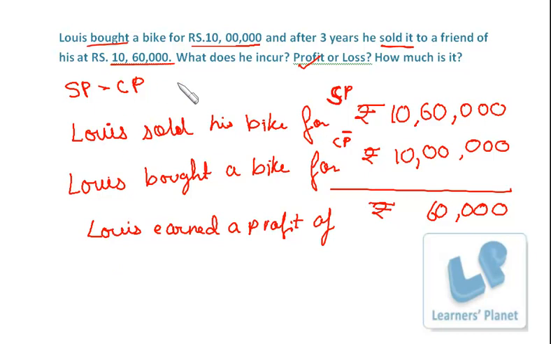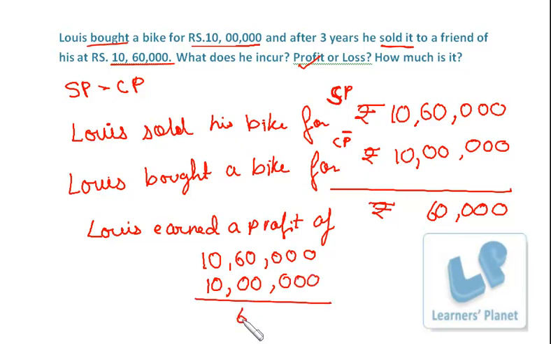Now children, if you first write the cost price and then write the selling price, first you've written Louis bought a bike for 10 lakh and then Louis sold a bike for 10 lakh 60,000. Later on, don't show the calculation over here itself. I'll again rewrite it as 10 lakh 60,000 somewhere in the middle, so that ma'am can see the calculation, and then subtract 10 lakh from it.